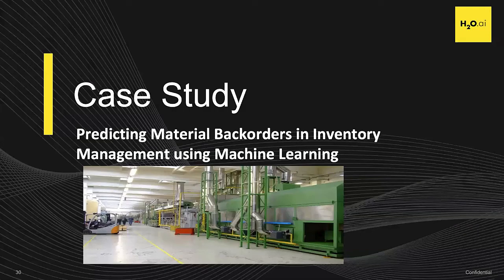So here's a case study that I'll be going through. This is called predicting material back orders in inventory management using machine learning. This is a pretty real case. This happens. This is where machine learning is utilized. And the goal here is to predict whether or not a product will be put on back order status.